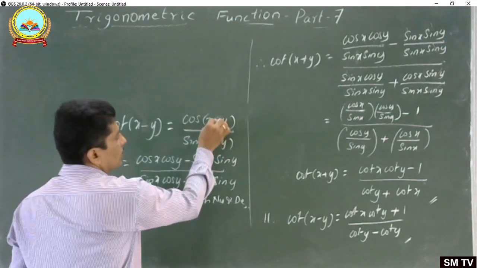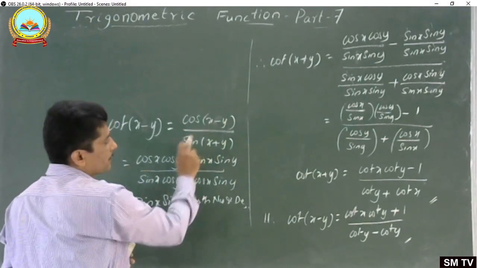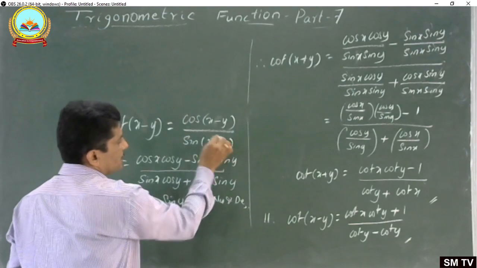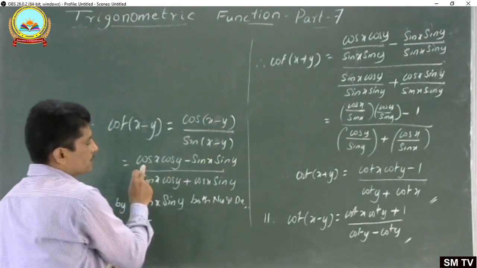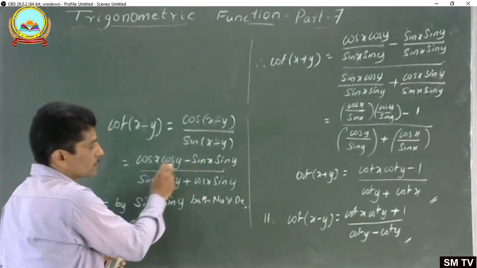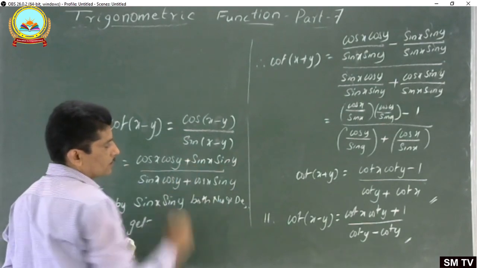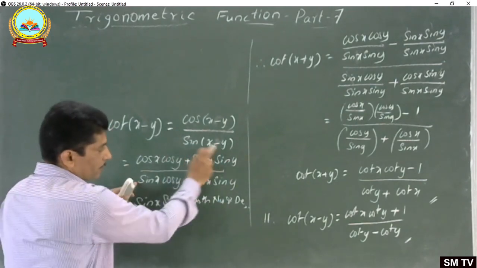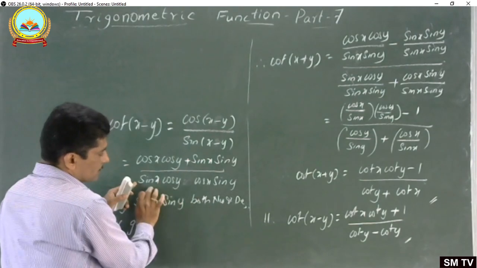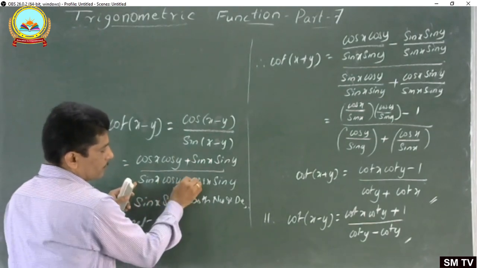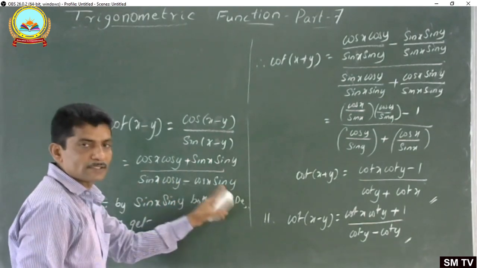Definition: cos of x minus y divided by sin of x minus y. Cos of x minus y means cos of x into cos of y plus sin of x into sin of y, and sin of x minus y means sin of x into cos of y minus cos of x into sin of y.